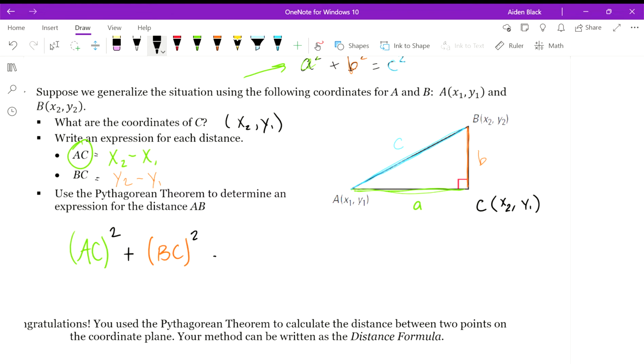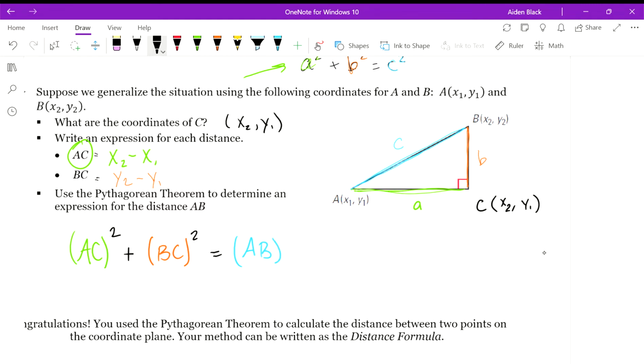So we're just writing Pythagorean's theorem, but instead of using A, B, and C, we're using the actual line segments that compose this triangle. So what do you think is going to go right here? Which line segment? C. We're going to use c. So we'll do c is actually written as AB.